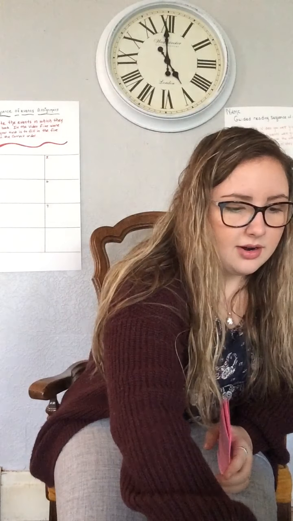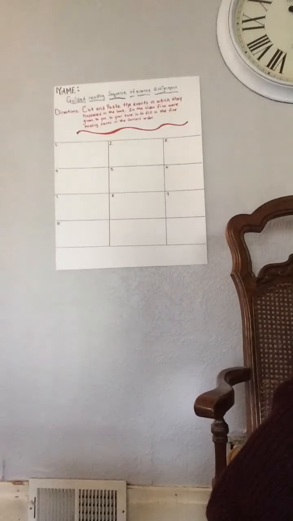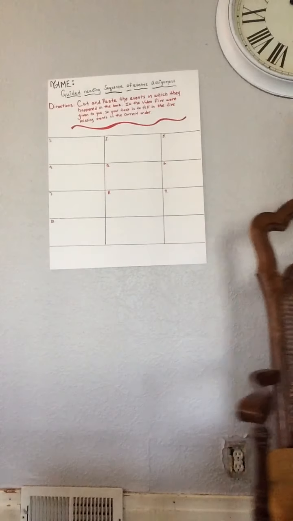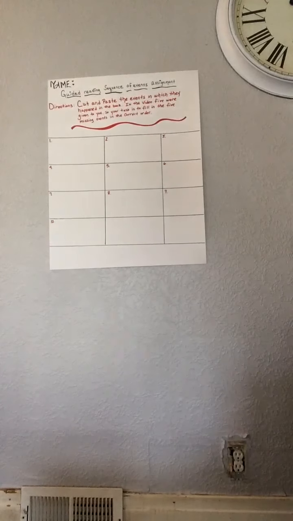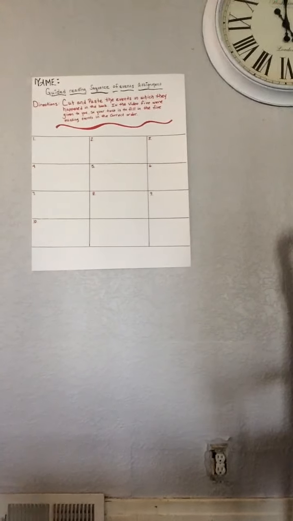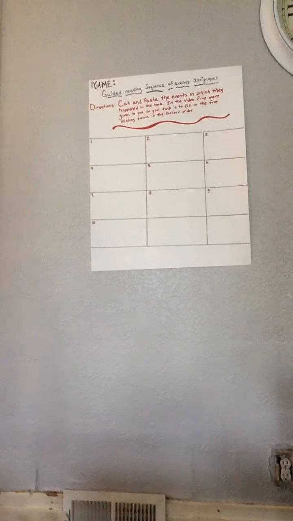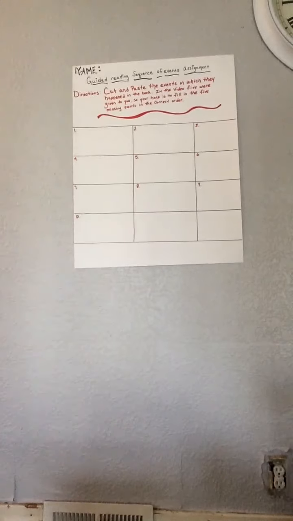So, let me get a marker here. We are going to start over here, so let me move this a little closer for you guys to see. This is as close as I'm going to be able to get it.